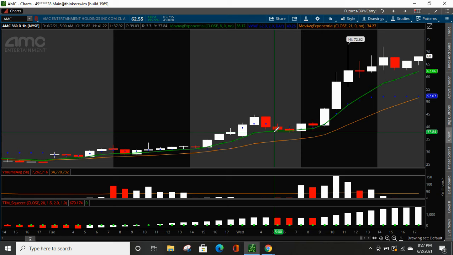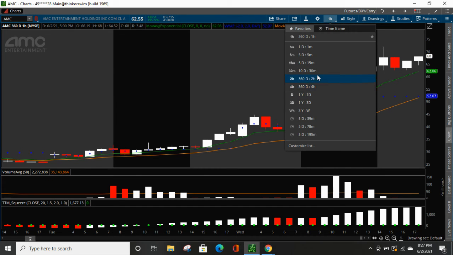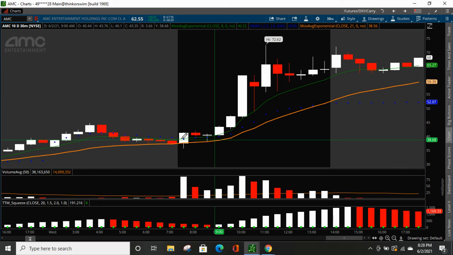You can see here on the hourly chart, you could have gotten in right as it was crossing VWAP, and it was obviously above the 21, so you could have had an entry point here around $40. That would have been a nice play today. Even if we go down to the 30-minute, you get even more opportunity for entry.